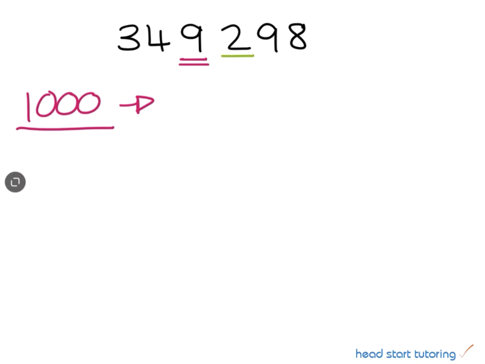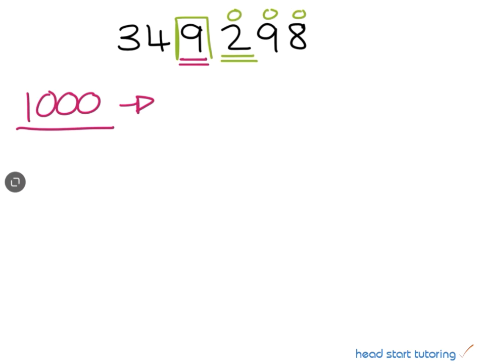Also, because the place value of our 100 is a 2, we've got 2 hundreds in this number, we know that our 9 is going to stay the same, with obviously these zeros at the end.